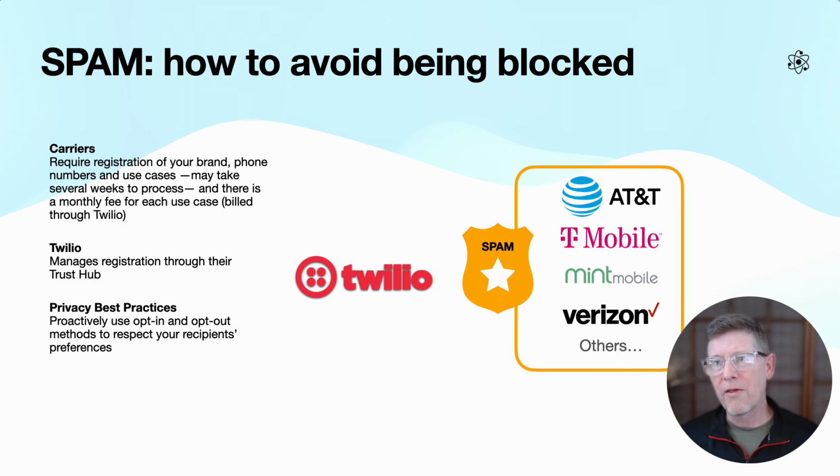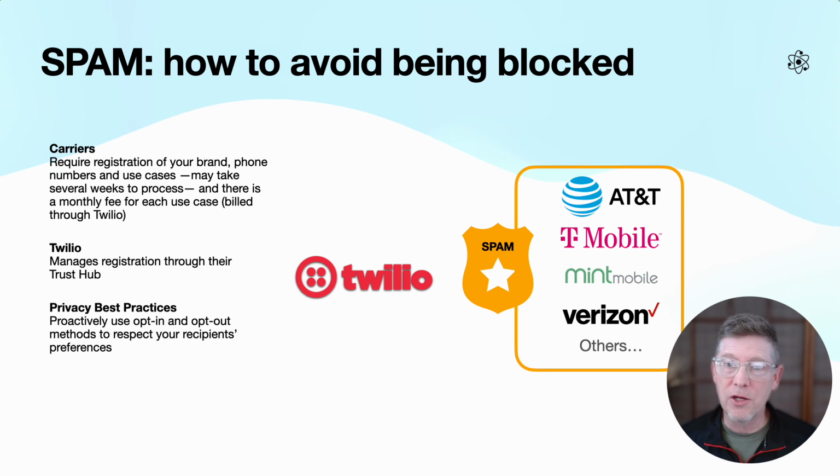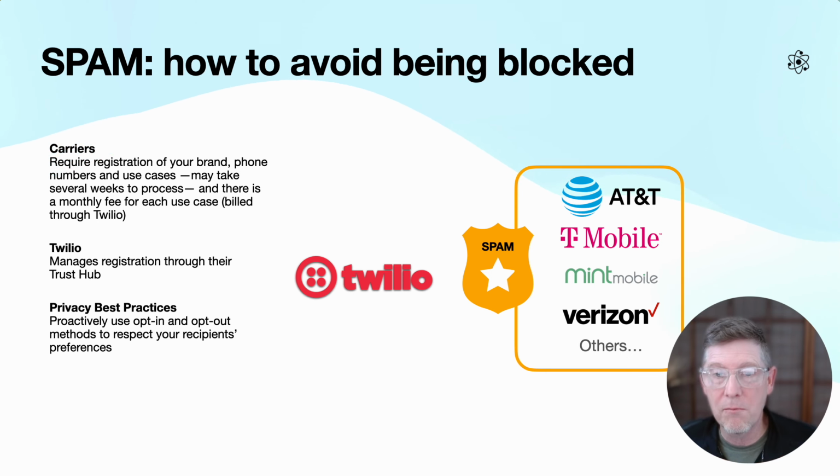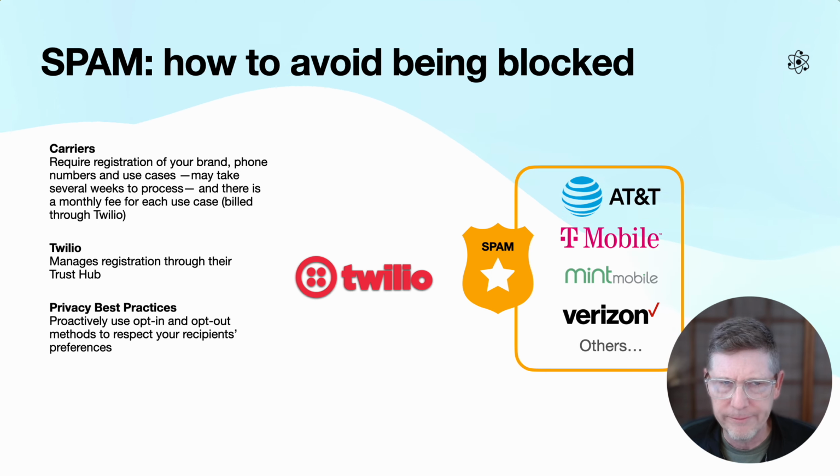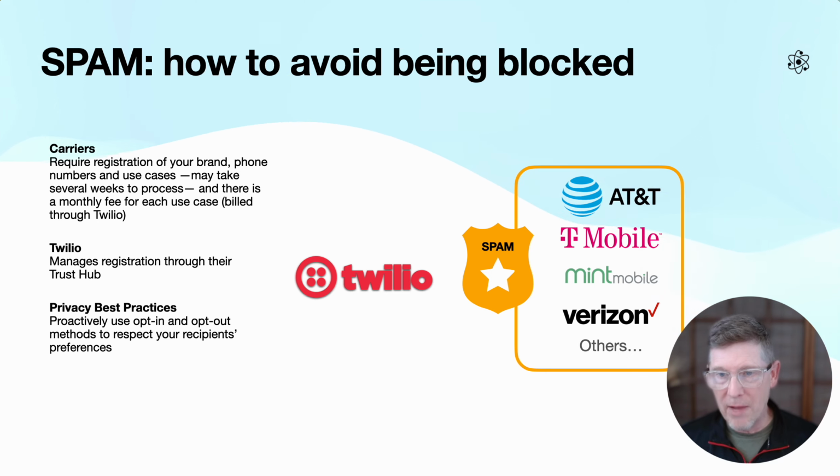So one of the things that we have to be concerned about is making sure that our texts going out don't get blocked by the carriers. They've gotten very serious about blocking spam. And in order to make sure that all of our texts go through, we have to prove to the carriers that we're observing privacy best practices by registering our company brand, the phone numbers that we're using, and the use cases.